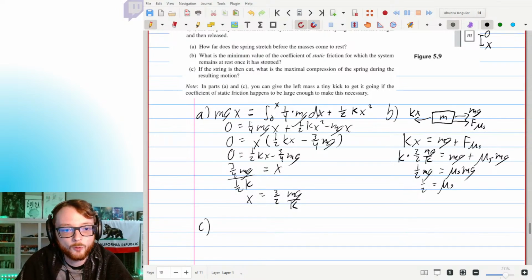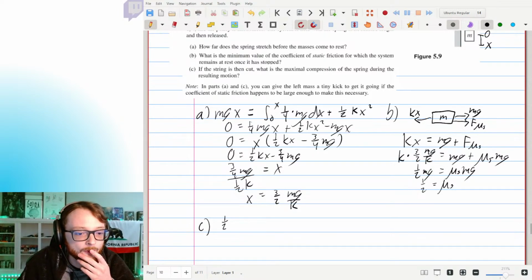So in part C, we only have potential energy due to the spring, for all intents and purposes. 1/2 k x squared. And I believe it's the same x.